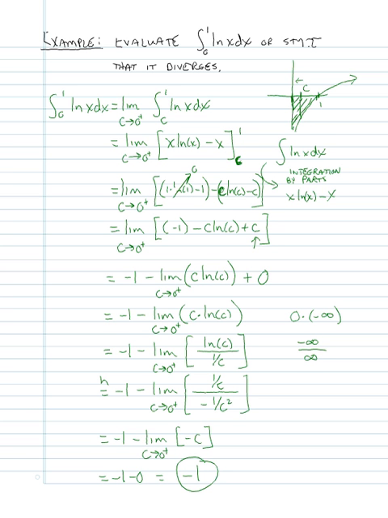Now, I know it's real tempting. You could actually ignore the fact that this is a 0, and this is a c. We could ignore the fact in this case, and in some other cases, that this is an improper integral, and we might get lucky and get the right answer.